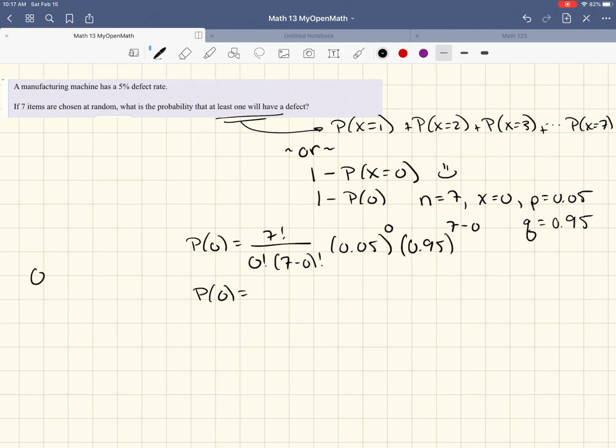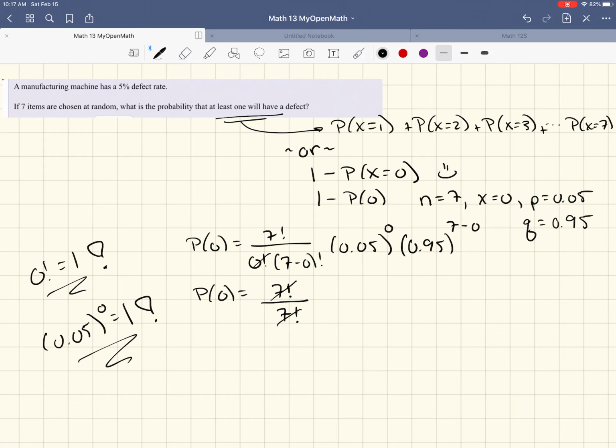Don't forget, 0 factorial is 1 by definition. So we have 7 factorial over, let's clean that factorial up. 0 factorial is just 1, and 7 minus 0 is another 7 factorial, so those will cancel. Also, don't forget that anything to the 0 exponent is also 1.